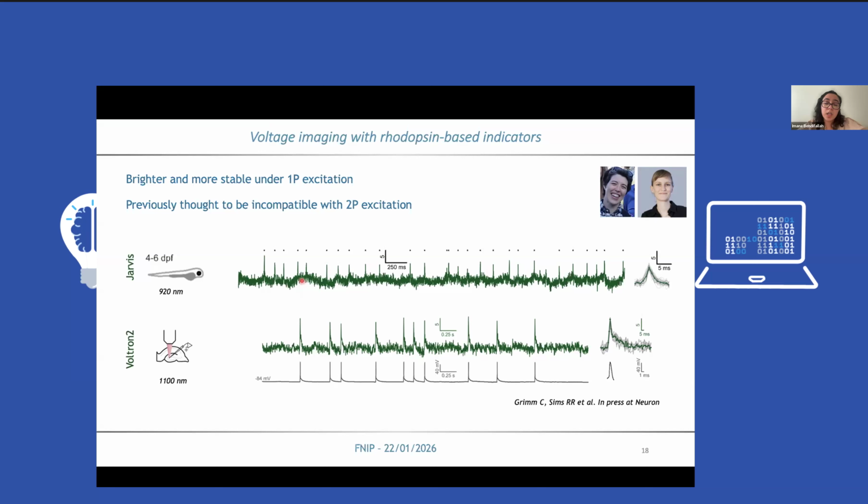After this, she tried other indicators that were previously published, like Voltron 2, and she also realized that they were voltage sensitive under two-photon excitation as well. This one is particularly interesting because it's actually redshifted, and I will talk briefly about it after.